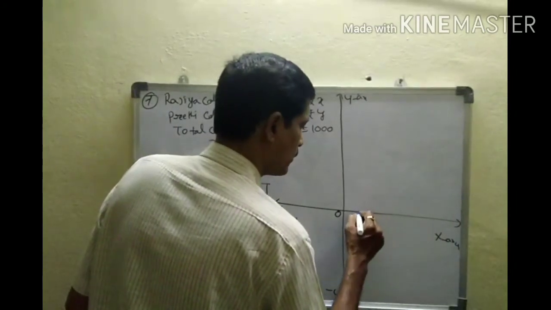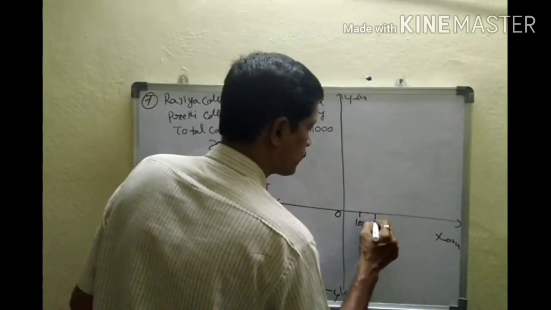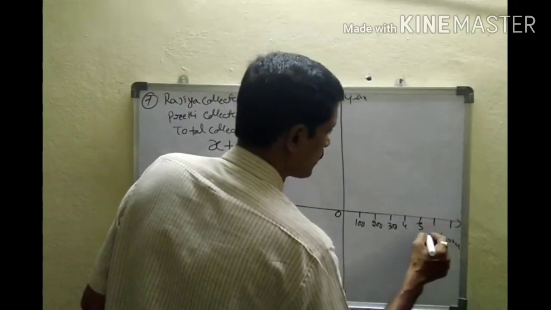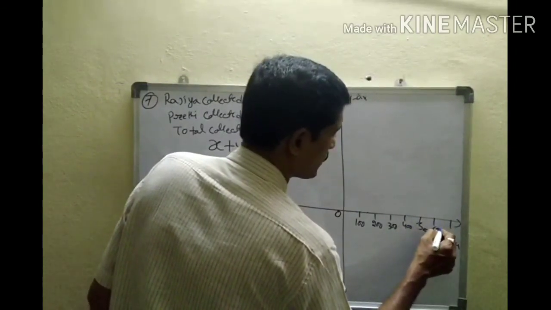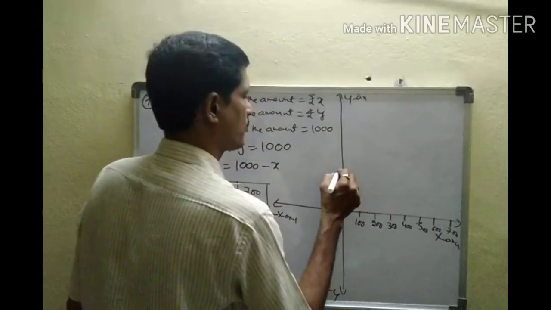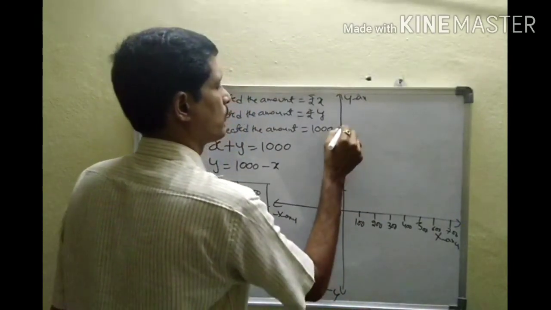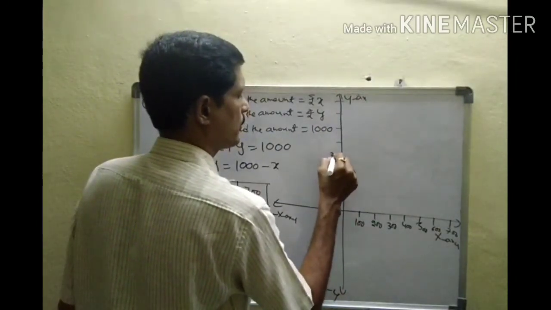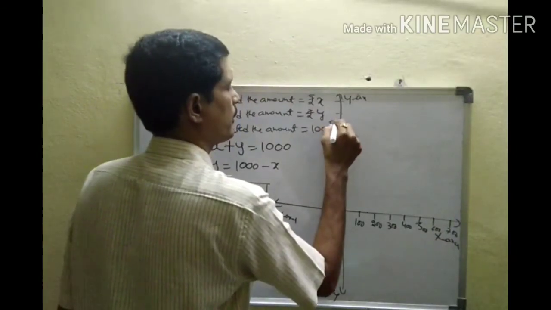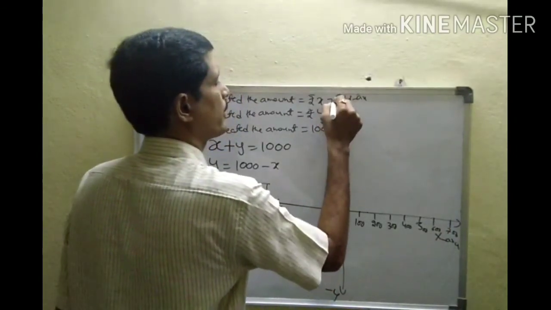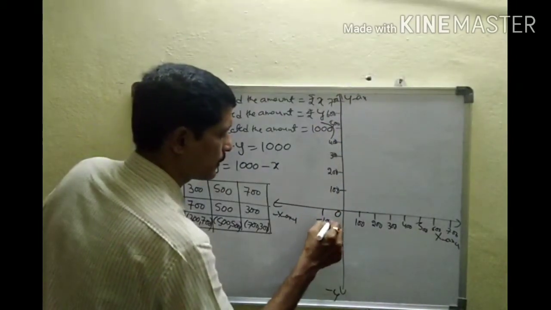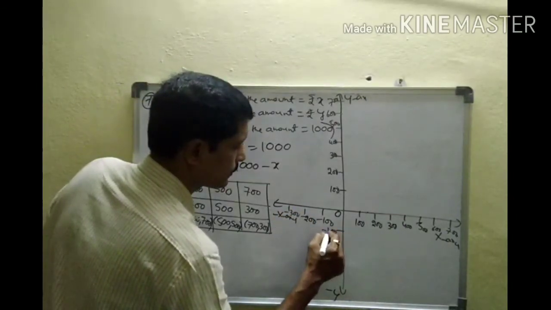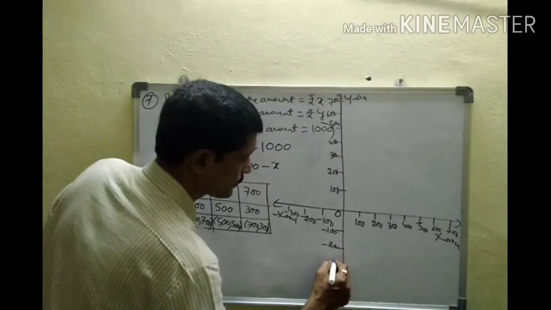We have to take 100, 200, 300, 400, 500, 600, 700 on the y-axis, and on the x-axis 700 is also there. Here minus 100, minus 200, minus 300.